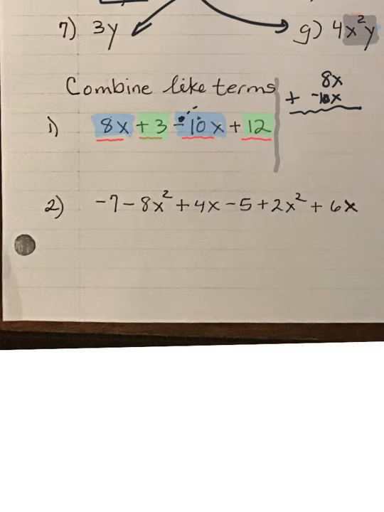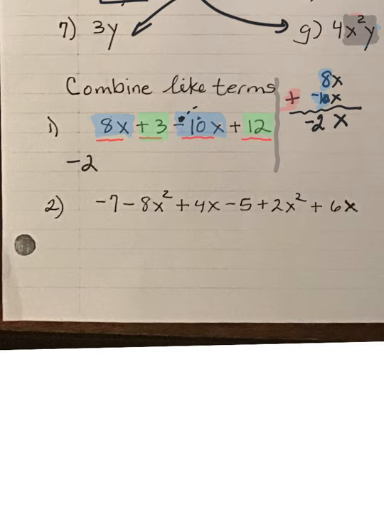So what is a positive 8 plus a negative 10? When you add those, how many x's would that give you? If I have 8 plus a negative 10, don't I have 2 more negatives than positives? So don't I have negative 2 x's?